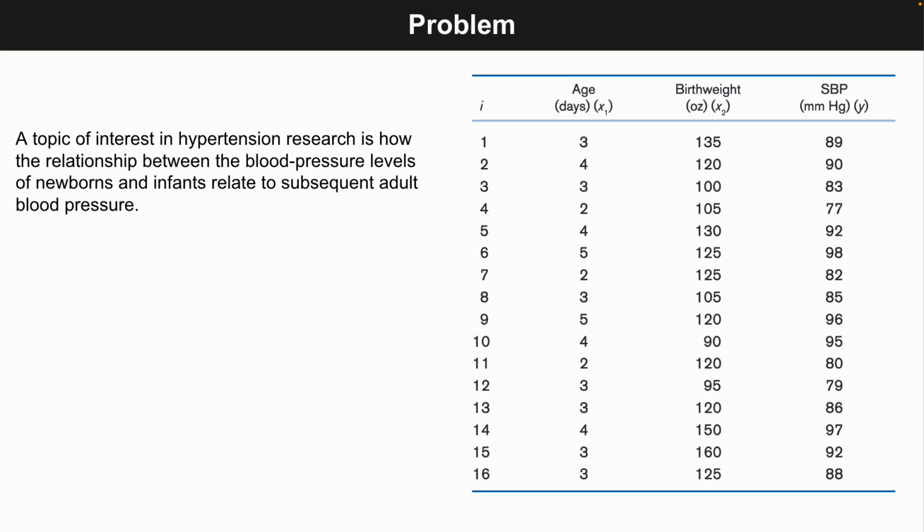Ideally this is the prediction problem that you would like to work on. The problem, however, is that the blood pressure itself is a function of the birth weight of the baby. So before we do any modeling, we would like to understand how the blood pressure that you measure for a baby when they're born varies across different birth weights and the age of the baby when this is measured.